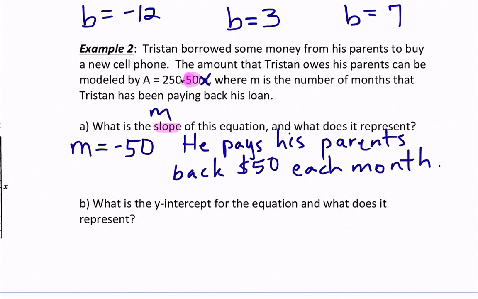So that's why it starts with the 250 and it's going down by 50m, so 50 for every month. So I know he's paying them back $50 each month.